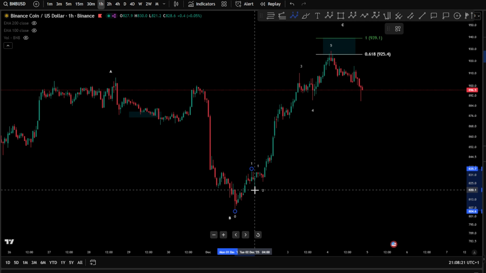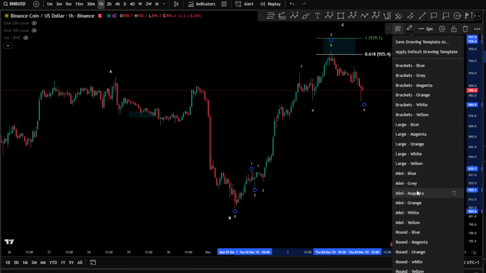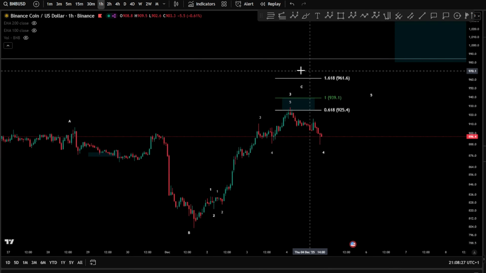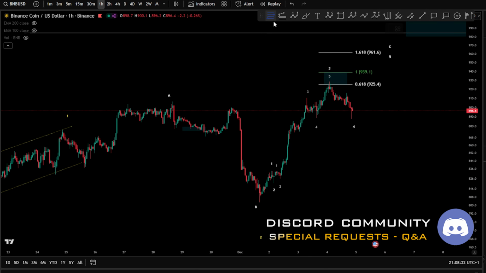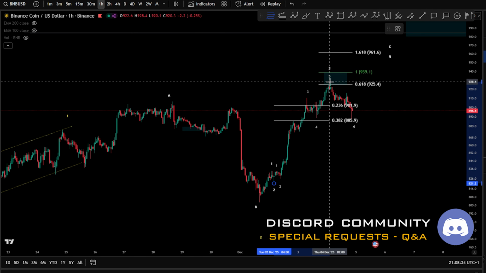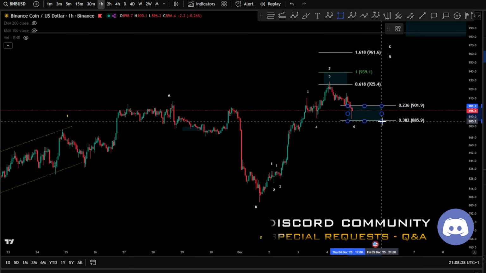So 1 and 2 there, and you're looking, of course, for a wave 3, 4, and a 5 in the white scenario. In this case, we're still looking for a wave 5 to be unfolding. And currently, you are potentially in the perfect fib levels, the blue box, for a wave 4.